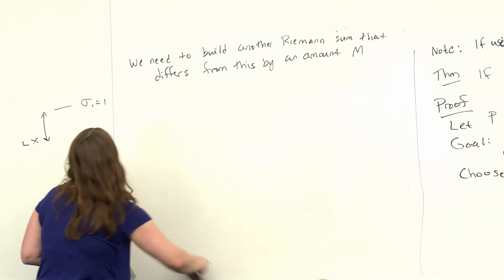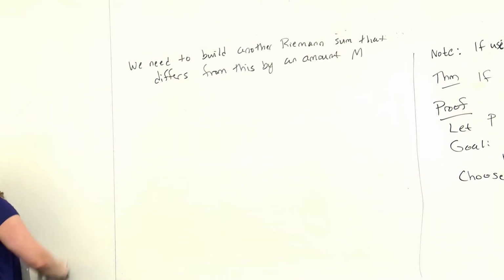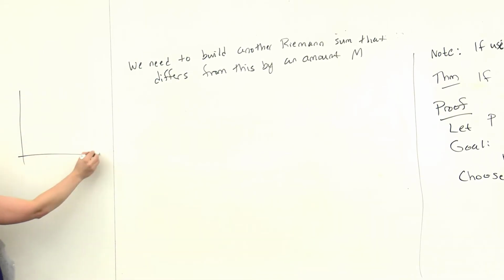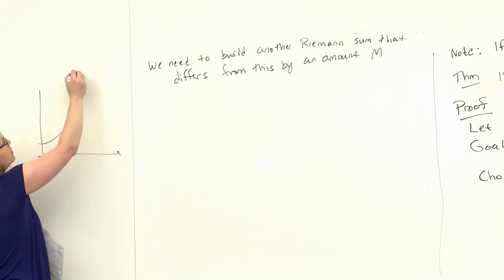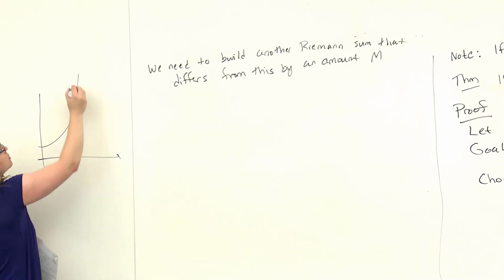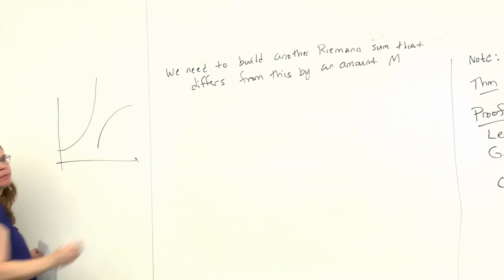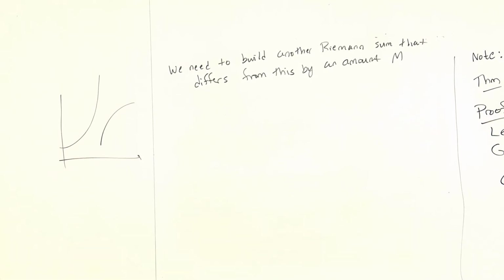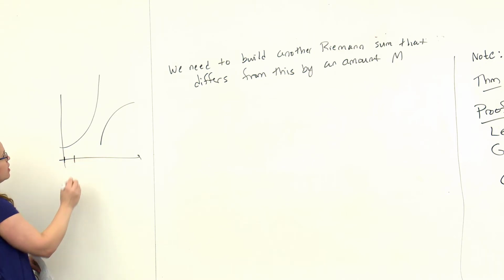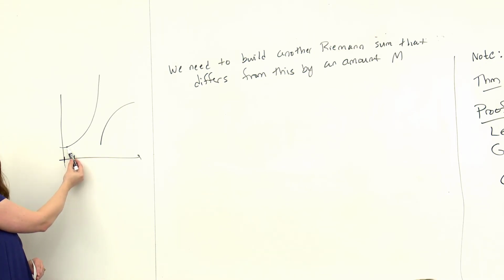Okay, so how are we going to do this? Let's draw another picture. So f, I'm not really sure what f does, but it gets really big at some point. And we've got to use the fact that, in some of these little subintervals, I'm going to get Cj's and Dj's that give me practically the same value, and there's nothing I can do about that.